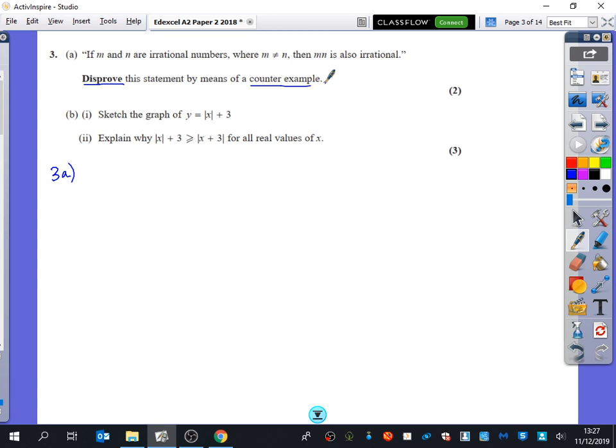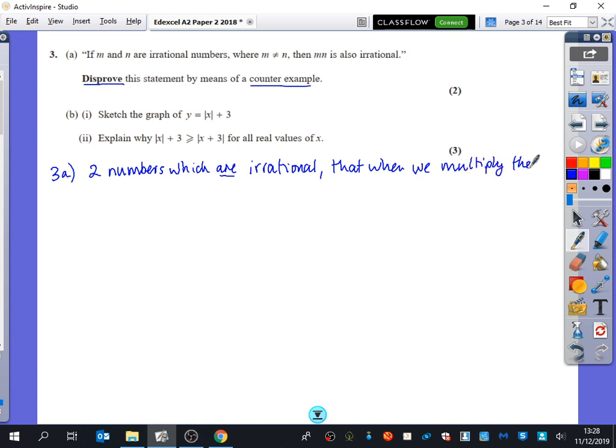So we need to find two numbers which are irrational, that when we multiply them, we get a rational number.